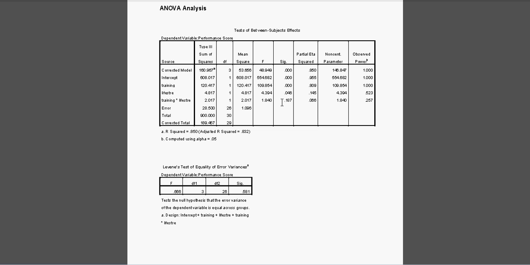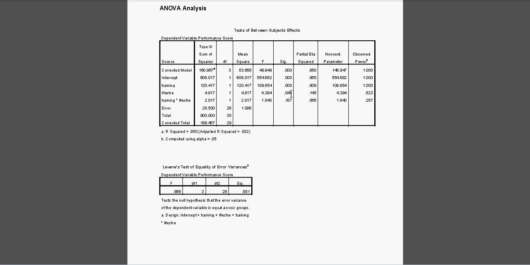So we compare that to 0.05. If it is higher than 0.05, we would accept the null. And if it's lower than 0.05, we reject the null. Now, as I said, we want to look at this interaction first. If it is significant, we kind of ignore the other things. If it is not significant, we would look at the other variables. And obviously 0.187 is greater than 0.05, so we're going to go ahead and look at the individual main effects.